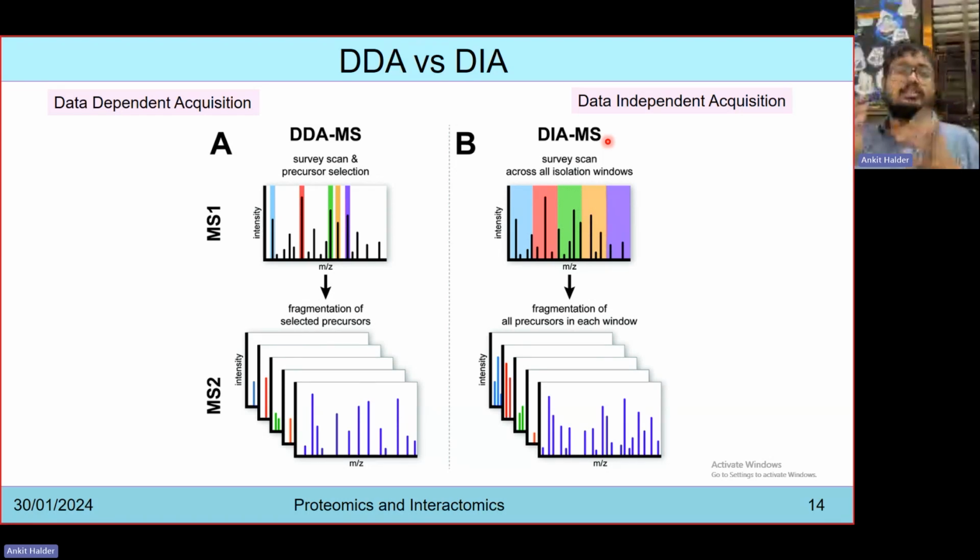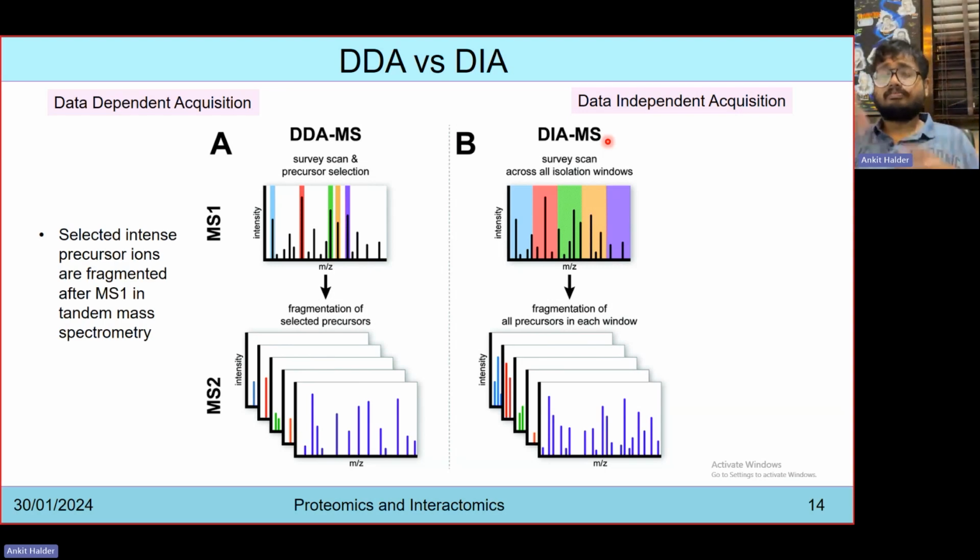That leads us to two completely different methods of mass spectrometry. One is the data dependent acquisition, another is the data independent acquisition. So what is the data dependent acquisition? Where the selected precursor has a very high abundance.